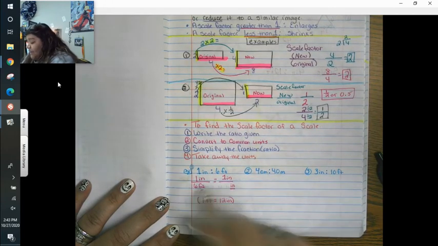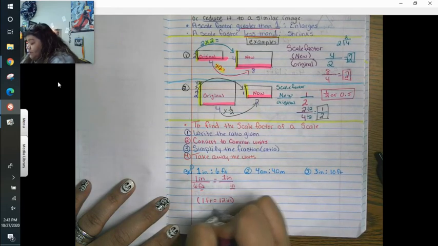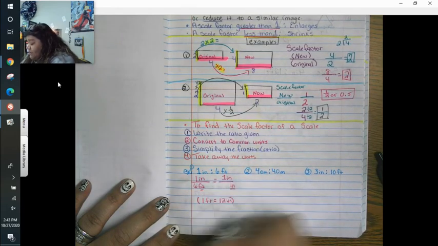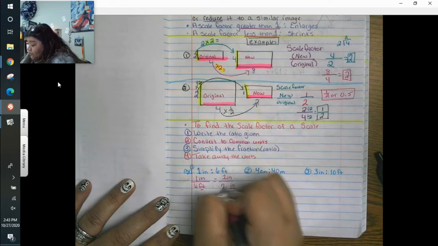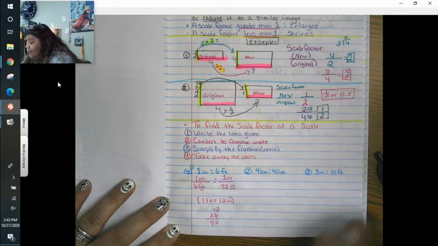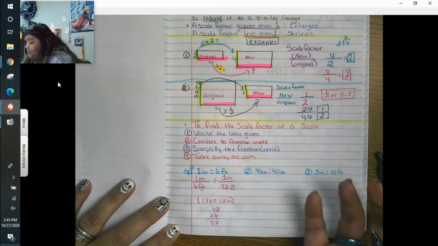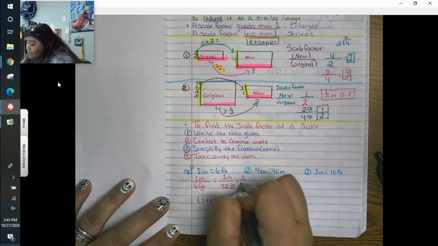So I need to multiply 6 times 12. Since I have 6 feet, I'm going to do 12 times 6 feet, which is 72. Okay, so 1 inch to 72 inches. And then I can't simplify 1 and 72. So your answer here is just going to be 1 over 72.